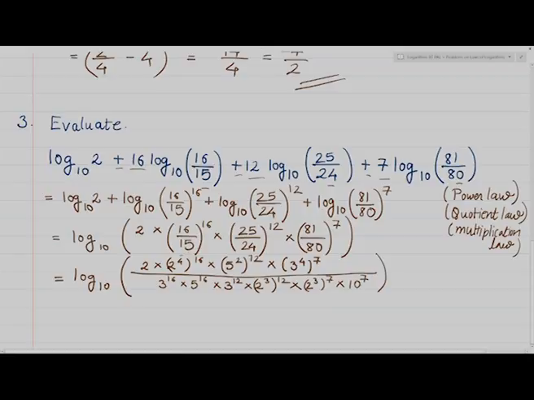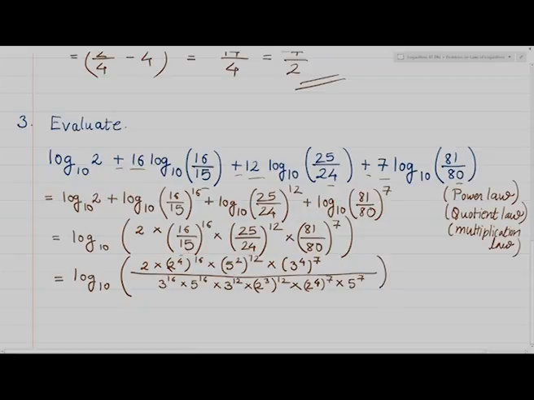But this also can be further simplified as 2 raised to 7 into 5 raised to 7. So this I will rewrite as 2 raised to 7 into 5 raised to 7, which again means it is 2 raised to 4 into 5 raised to 7. So I will just merge it here, 2 raised to 4 into 5 raised to 7. So I will cut this out and this is into 5 raised to 7.